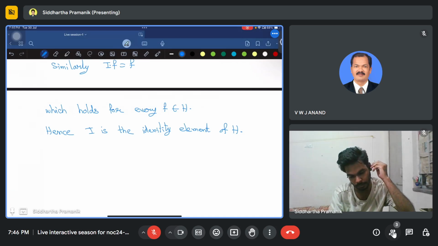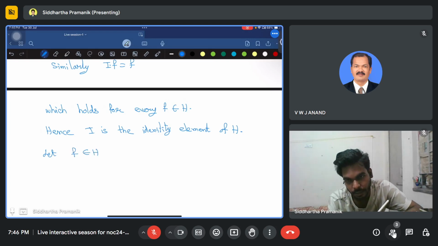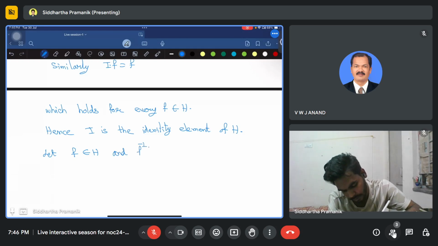Let's check for the third property. So let f belong to H. So we need an element which serves as the inverse of f, right? And so let us define that element. Let f inverse from X to G be defined by f inverse of a, nothing but the inverse of f of a.